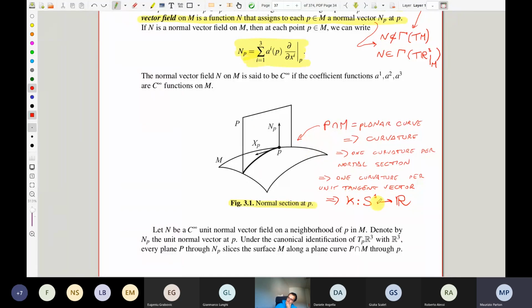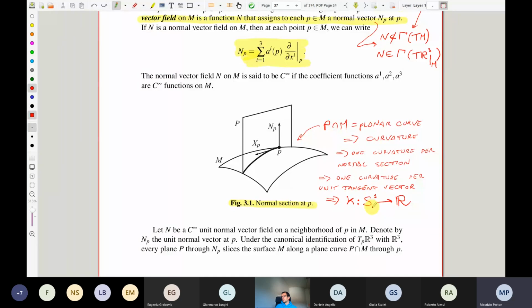Just one thing. If I take the plane and if I consider that the vector generating this plane is a tangent vector and the normal vector, if instead of vectors I take versors, I mean I restrict my attention to vectors of length 1, then this means that I have a map from S1, that is vectors of length 1, on the tangent space in the point P, to real numbers.